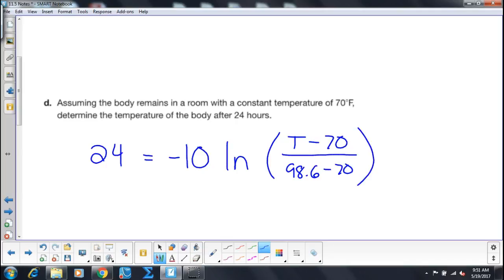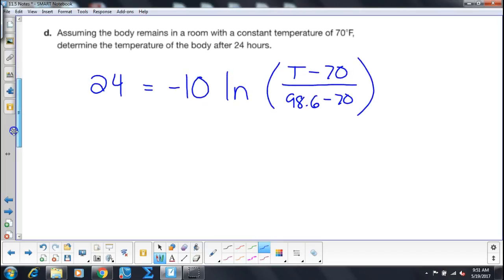Okay. First thing you would do is divide by negative 10. So negative 2.4 is equal to the natural log of T minus 70 over 28.6.